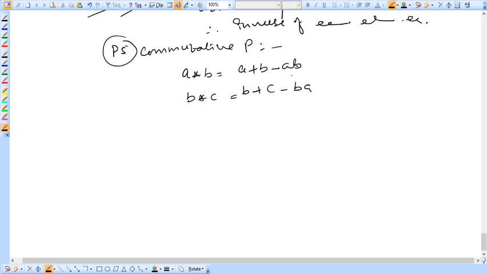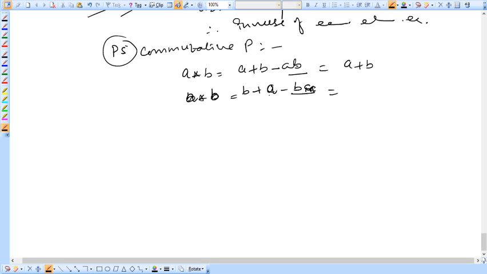Since we know the product of two rational numbers commutes with each other, so it could be written, here we want to take A and B, okay, this is B and this is A.